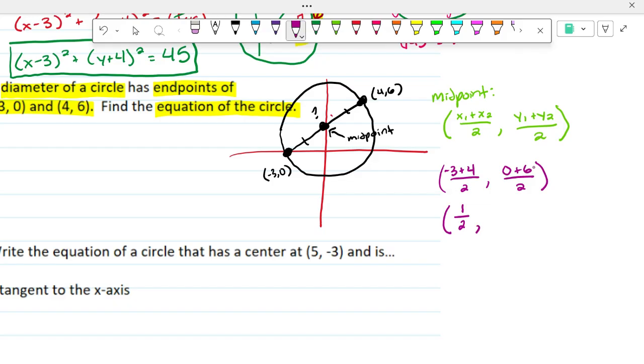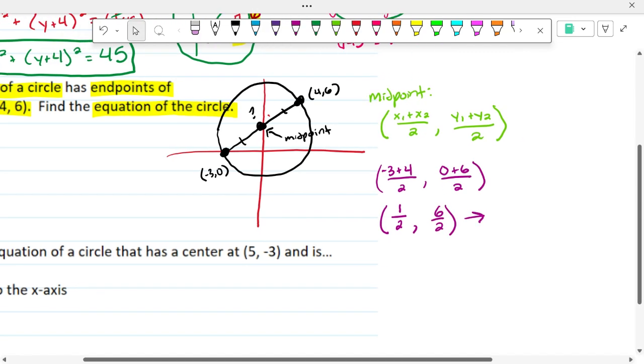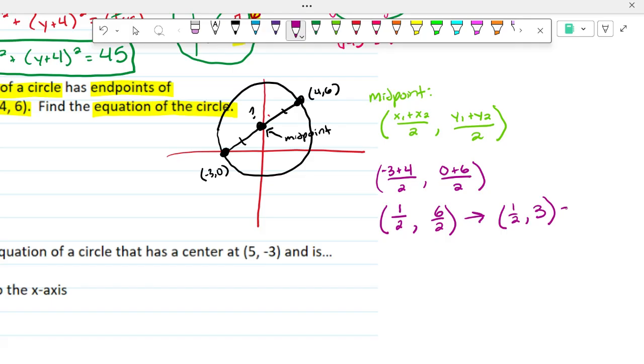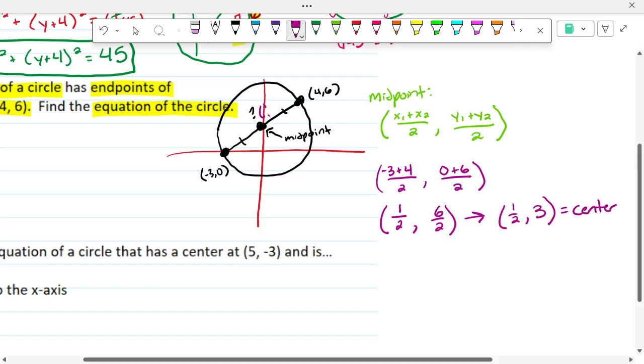And 0 plus 6 is 6 over 2. So if I simplify this further, my center would be at the point (1/2, 3). So this center point, and again, it's not drawn to scale, is (1/2, 3).